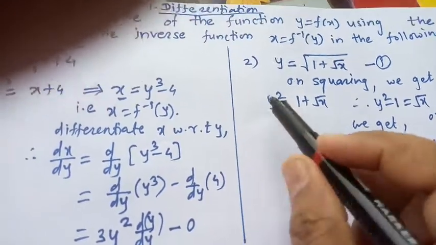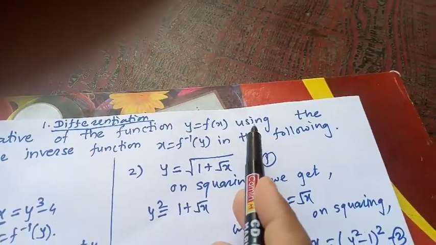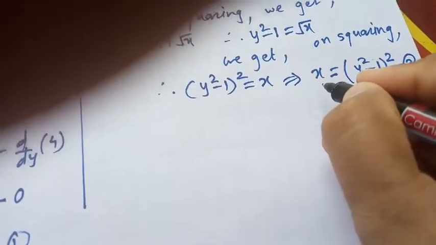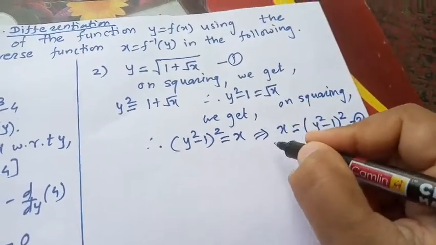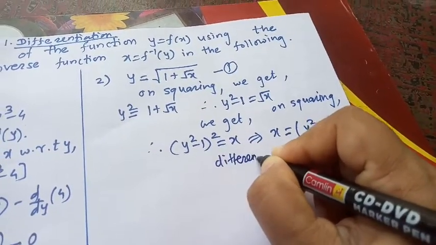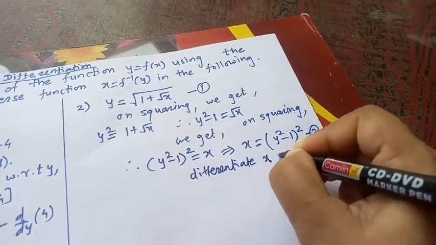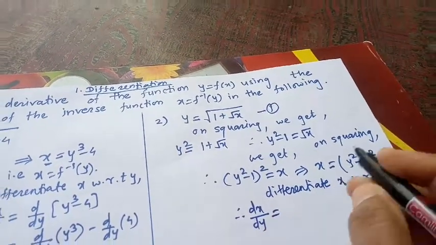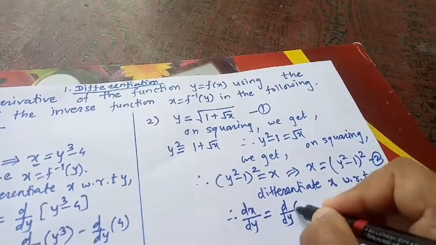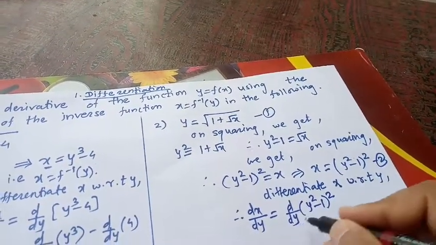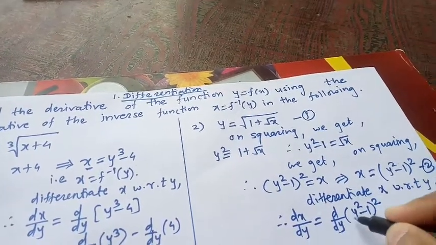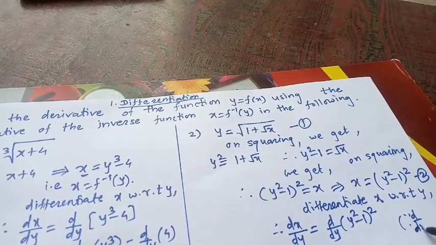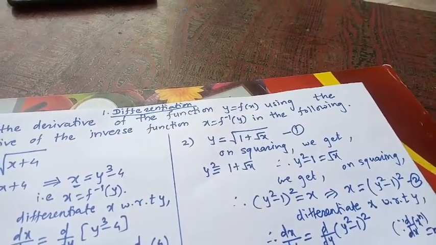Now we have to find the derivative of y using the derivative of the inverse function. Here x is a function which is given in the y variable, therefore differentiate this x with respect to y. Therefore dx upon dy is equal to d by dy of y square minus 1 bracket square, which is in the form of d by dx of x raised to n, that is n x raised to n minus 1.